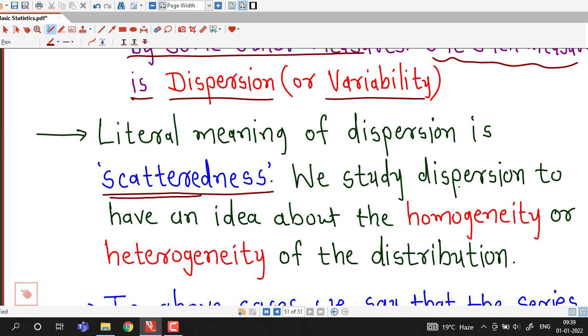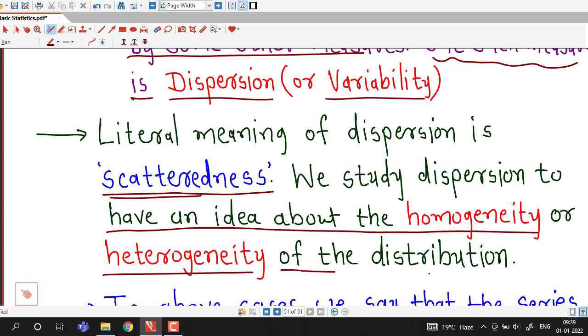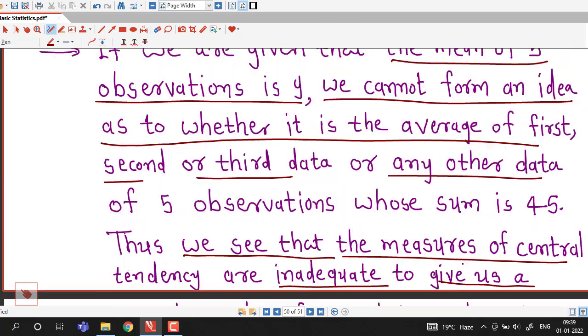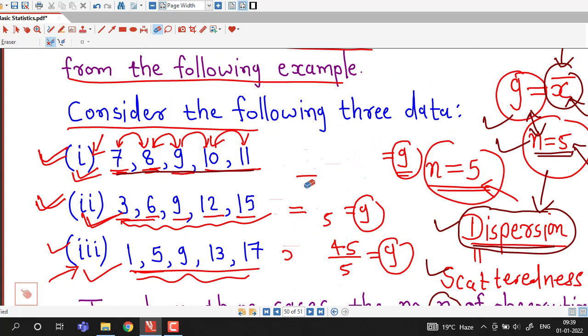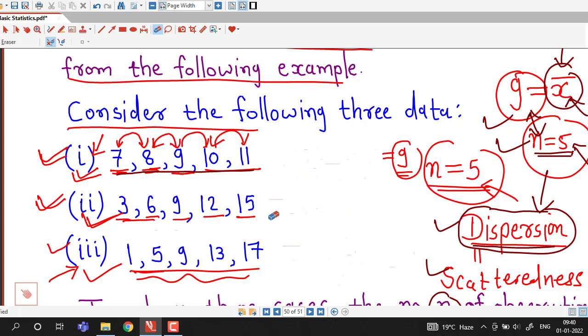As I discussed, we study dispersion to have an idea about the homogeneity or heterogeneity of the distribution. Homogeneity means there is less variation in the data. If there is less variation, or the amount of scatteredness is smaller, then we can say that the data is homogeneous.